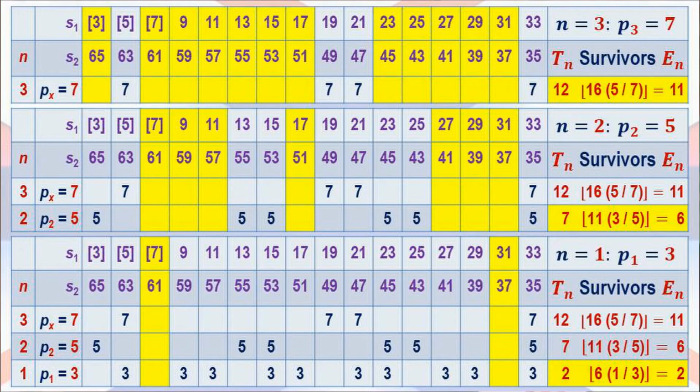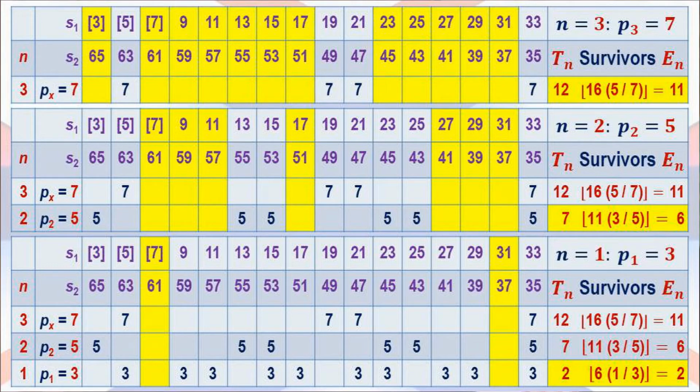So let's now do all the siftings, and we'll display them all on the screen at the same time in 3 panels. The one at the top is for n equals 3, and that's Pn equals Px equals P3 equals 7. And there are 4 partitions in which 7 divides one or other of the elements in that partition.